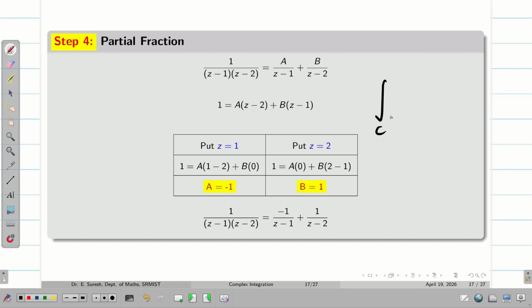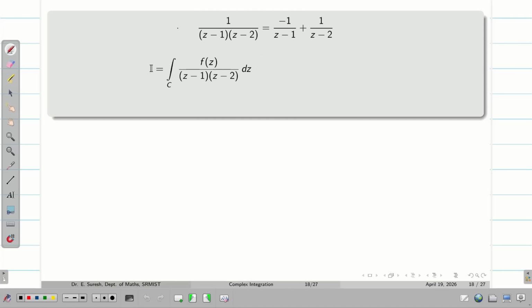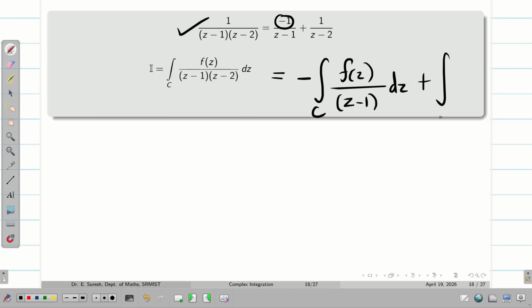Now we have to deal with integral over C f of z divided by z minus 1 into z minus 2 dz. It is very simple. Multiply f of z on both sides and integrate with respect to dz, we can easily achieve this. So using the partial fraction, I can rewrite this as integral over C, minus 1 is there, I will write the minus here, f of z divided by z minus 1 into dz plus integral over C f of z divided by z minus 2 into dz.